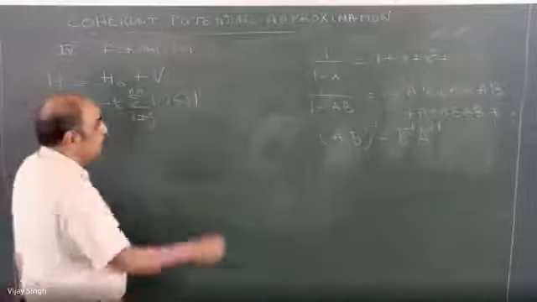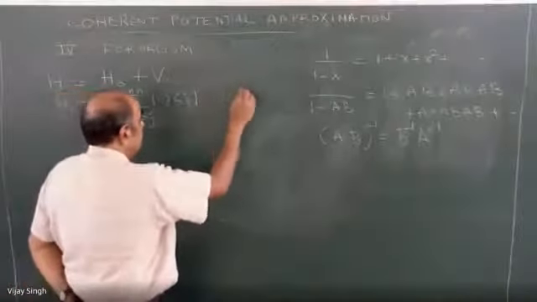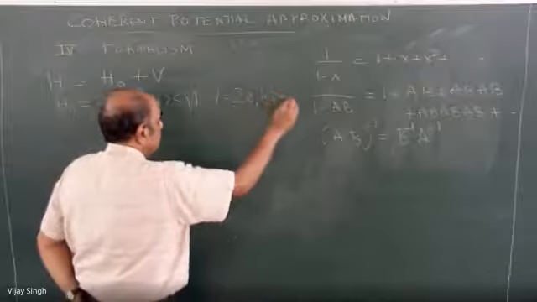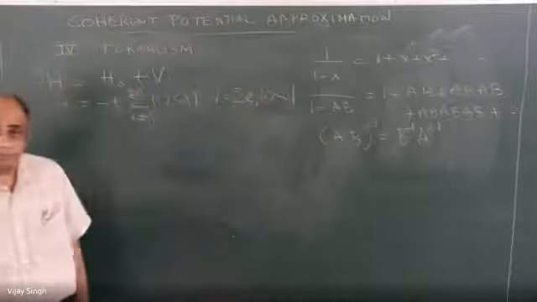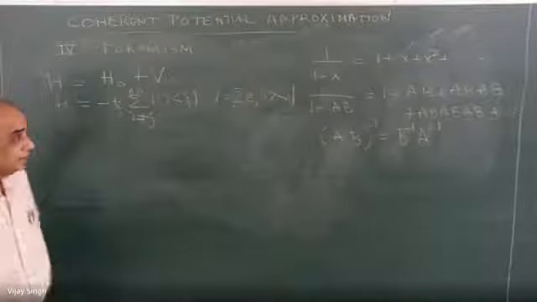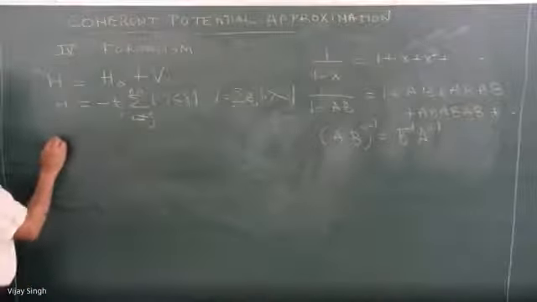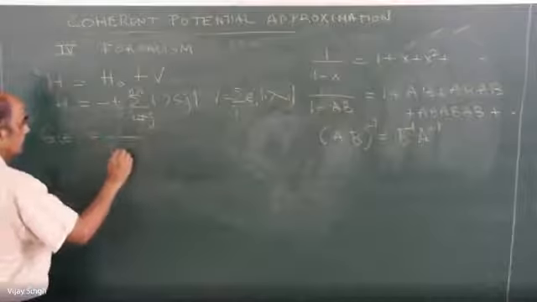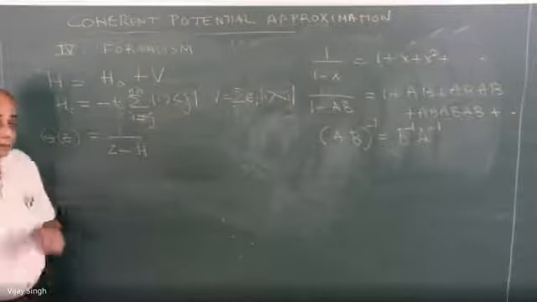So the H0 is the off-diagonal term which is ordered, and the V is the diagonal term which is disordered. So the Green's function is 1 over Z minus H.